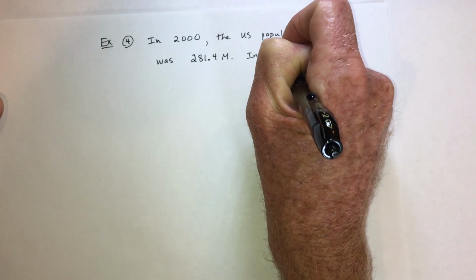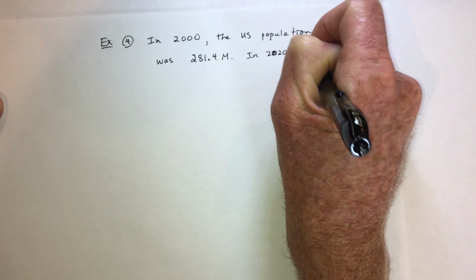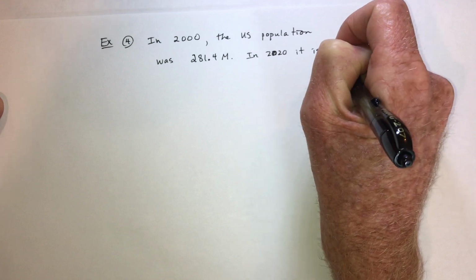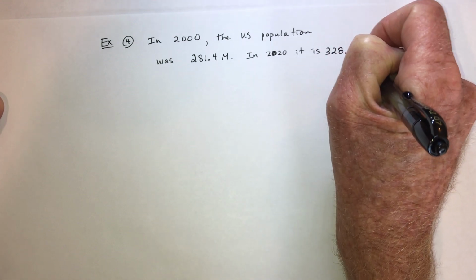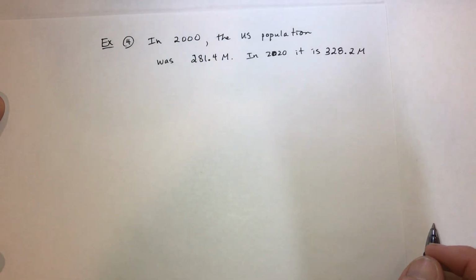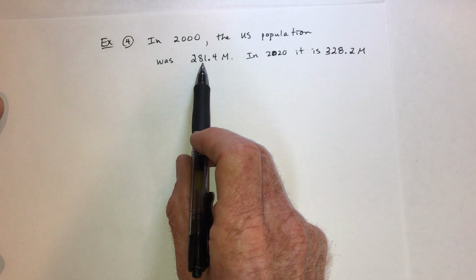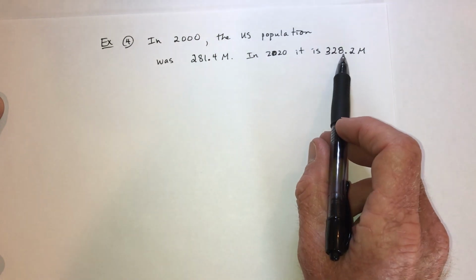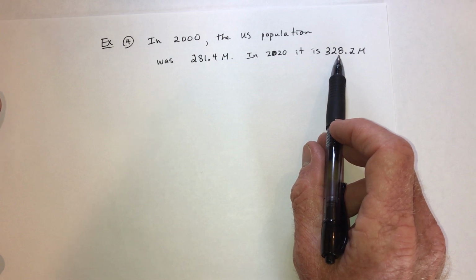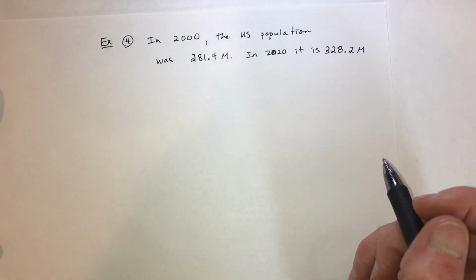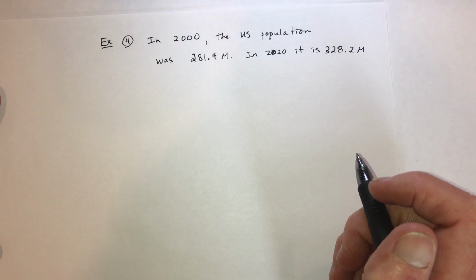Oops, in 2020, it is 328.2 million people. So it's grown by about 47 million people. That's a lot. That is exponential growth.